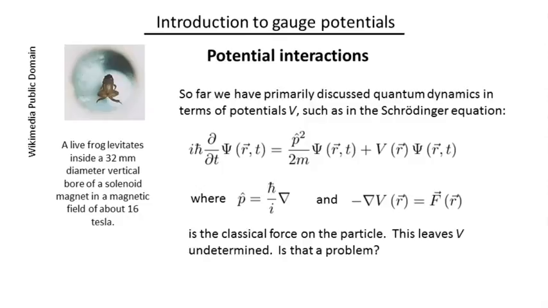Now, up to this point in this course, the sorts of Schrodinger equations that we've dealt with will usually take this form. They have a kinetic and a potential energy part. And the potential energy comes to us basically from analogies with classical mechanics. The potential energy is a function, the derivative of which gives the classical force.